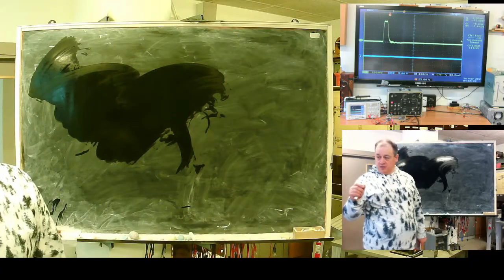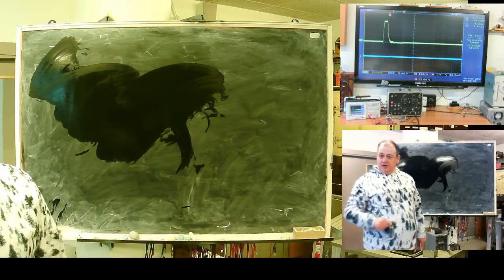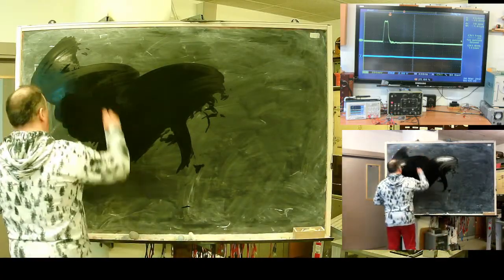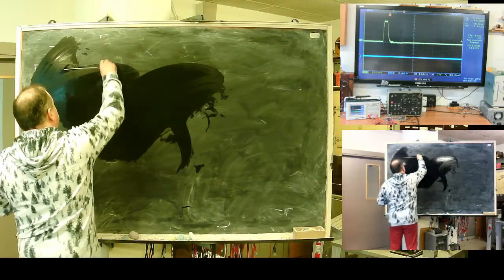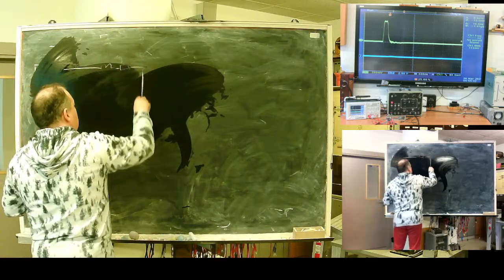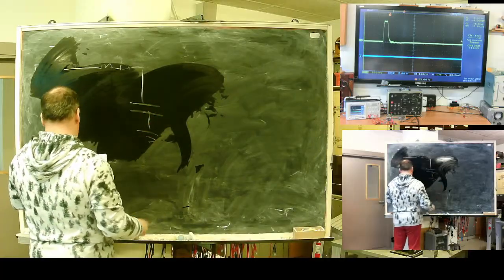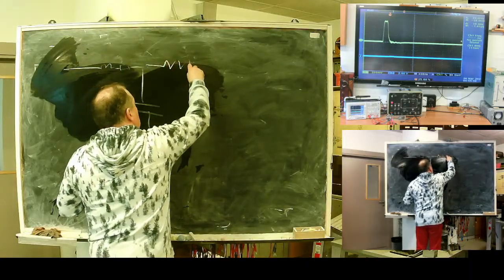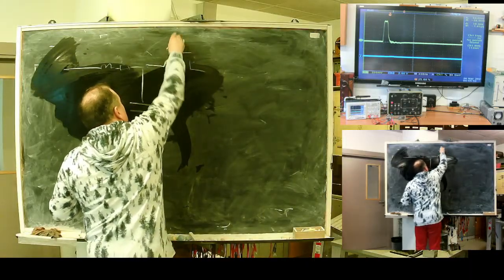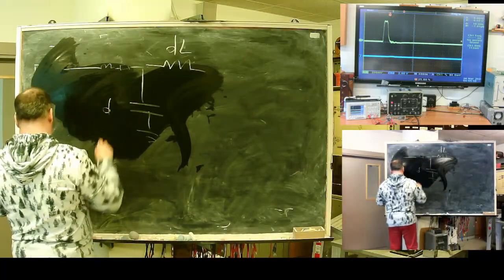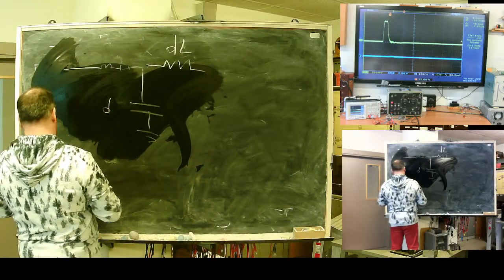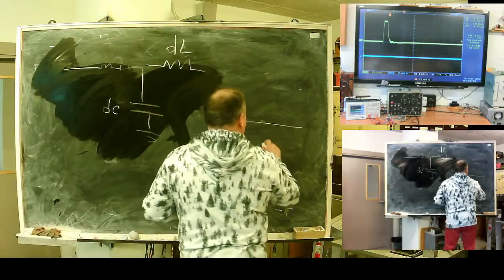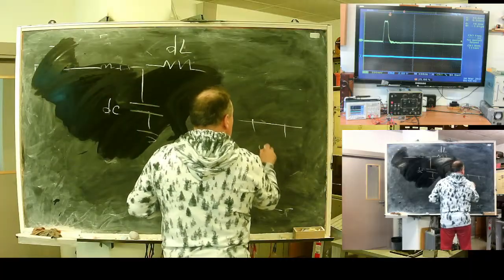If I take my special magnifying glass, a very small piece of my line can be represented with capacitance to ground. This will be a very small piece of my line.